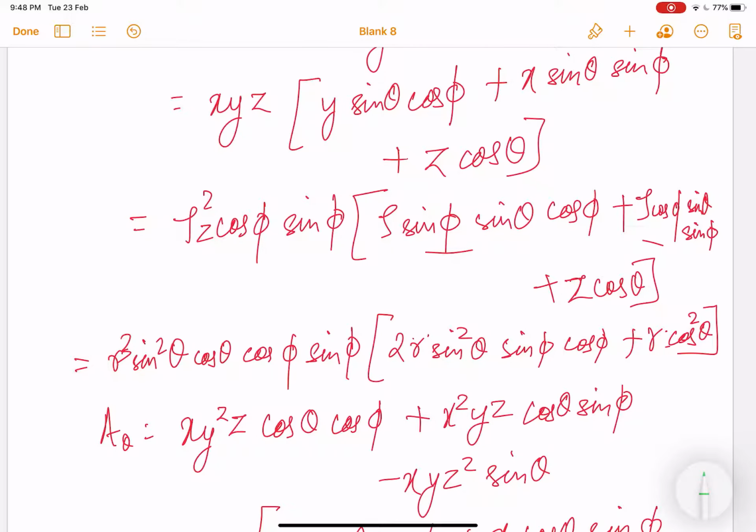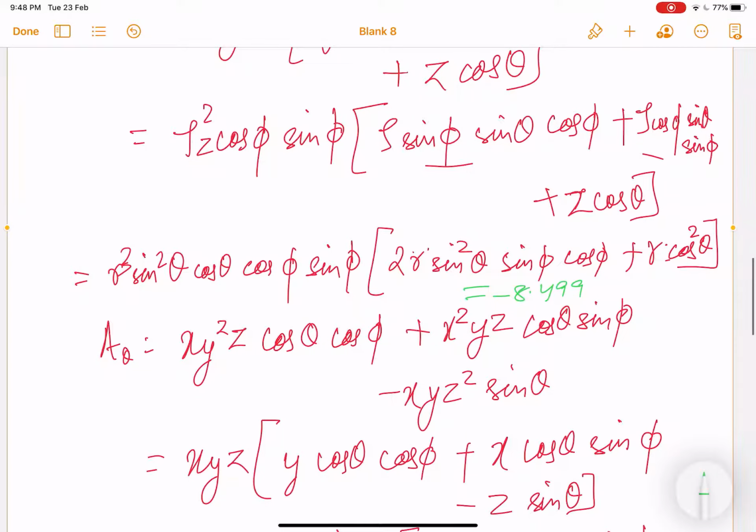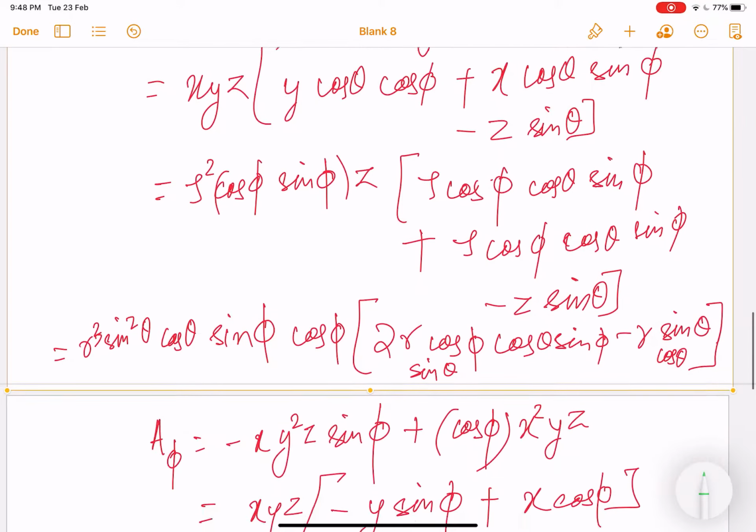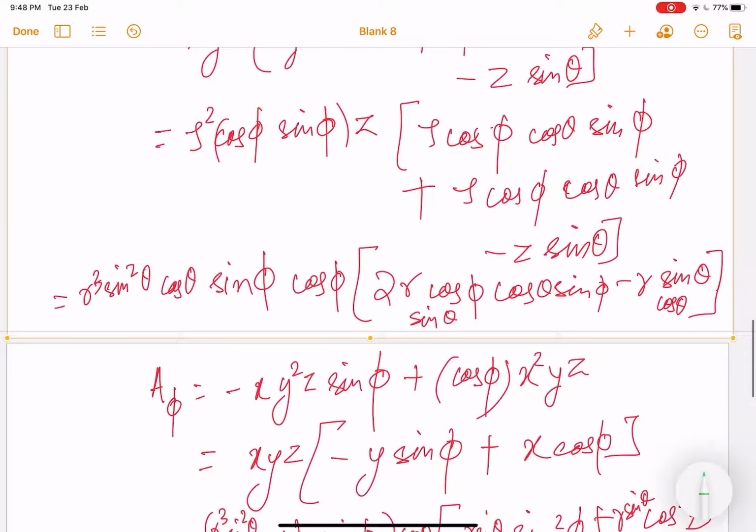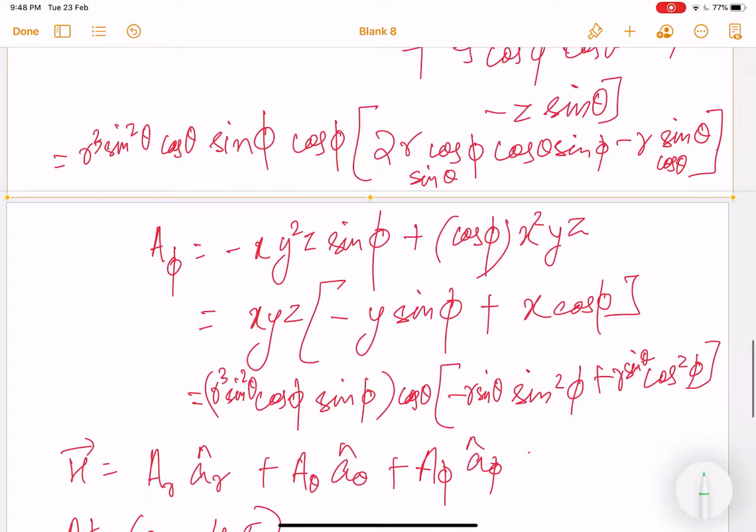Then after doing all this calculation, I am getting minus 8.499. Then what is a theta equal to? This is another big one.